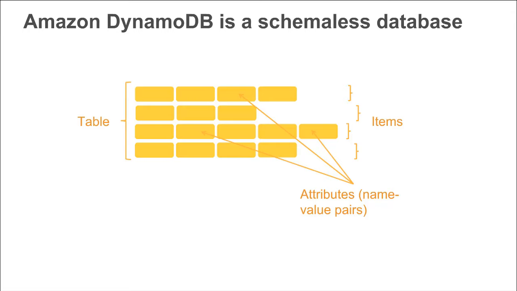And then the attributes, which are essentially name value pairs, comprise the columns. Unlike a relational database where you have common columns, with DynamoDB you can have different attributes for each item. That means you can have different name value pairs for each item, and you're not bound by strict schema regulations as required for a relational data store.